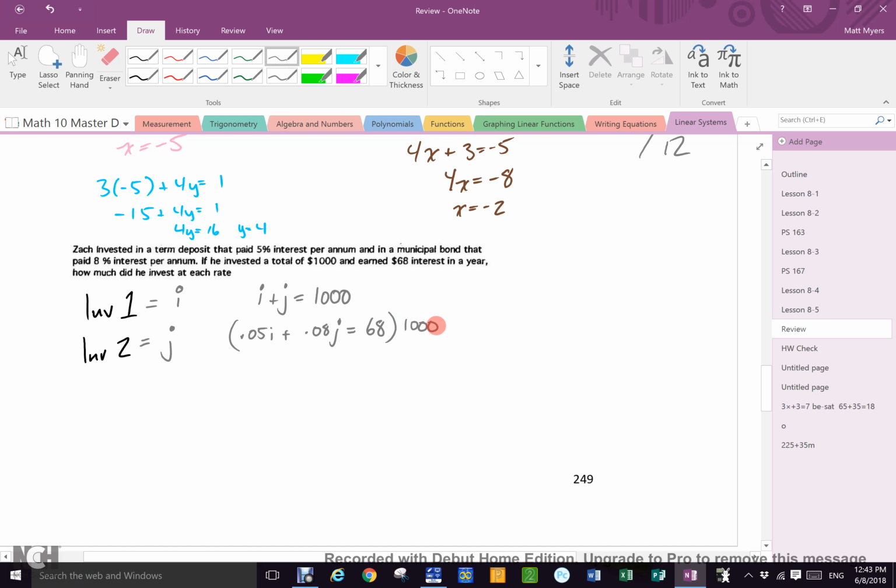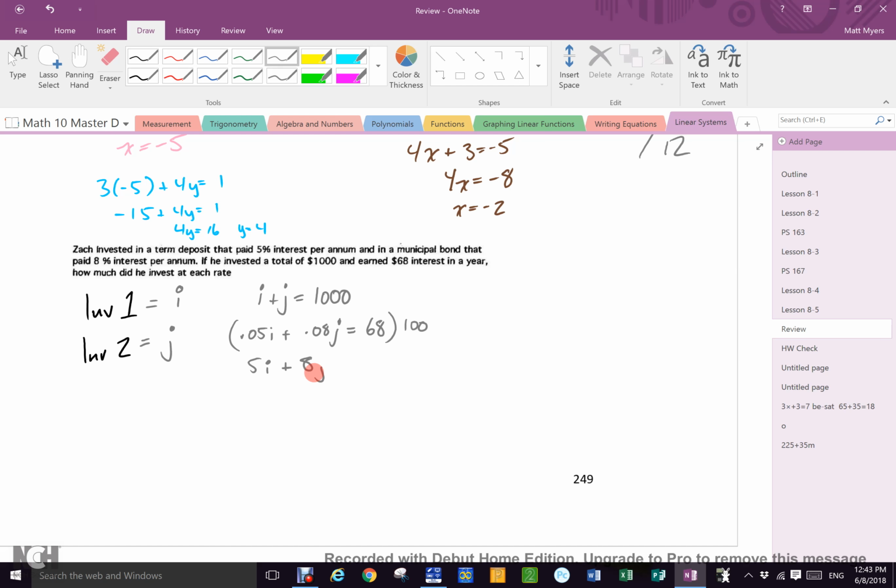Multiplying by 100. Not 1,000, you idiot. 100. Because multiplying equations does what to their solution? Does it change it? No. Just like multiplying fractions doesn't change the value of the fraction. So I end up with 5i plus 8j equals 6,800.